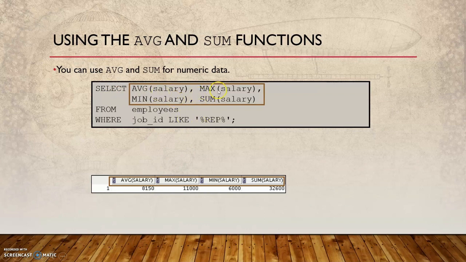Select max, min salary, and again job ID is something like a rep. You can do it based on a department as well, which will be much more meaningful. You want to find the average salary, minimum salary, maximum salary, and sum of salary, grouped by department. So we will know for whom the salary outgo is maximum.